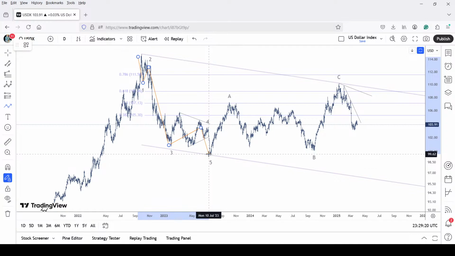So 5 waves down from almost 115 towards 99, and then followed by a corrective ABC all the way towards 110 again. That's a 61.8% touch.